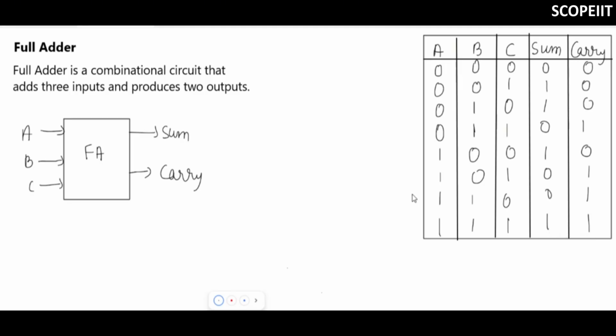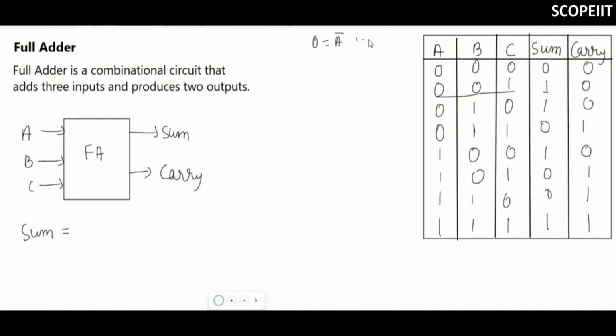Now, how to write the equation for this one? The equation for sum. Where you are having 1 in the sum column, take it horizontally. It's 0 0 1. I already told you, 0 means bar, 1 means no bar.